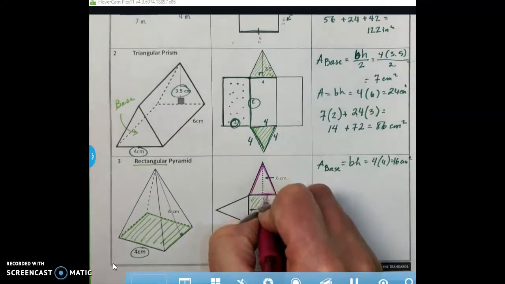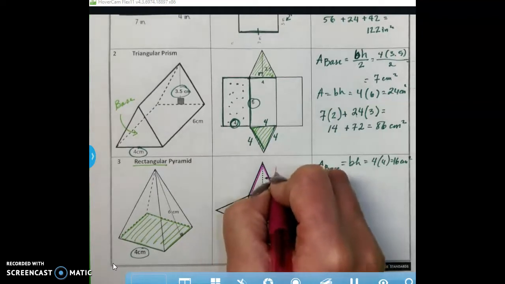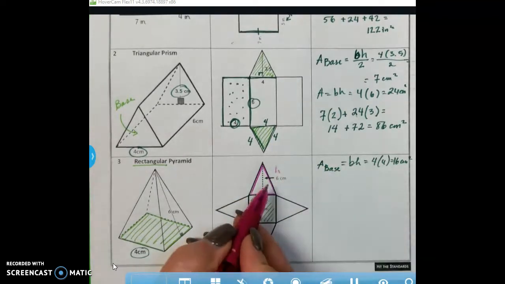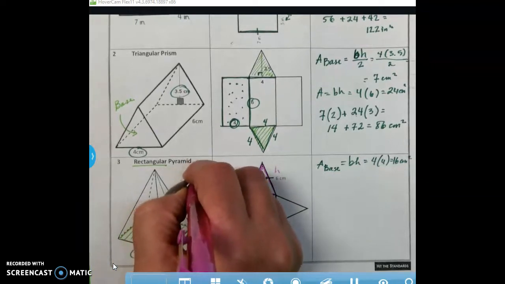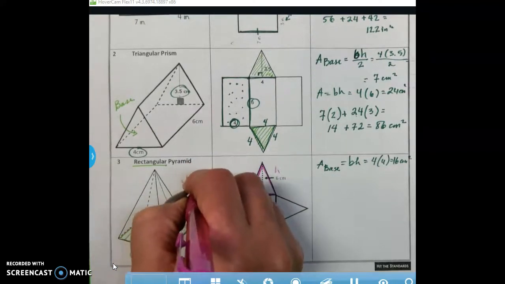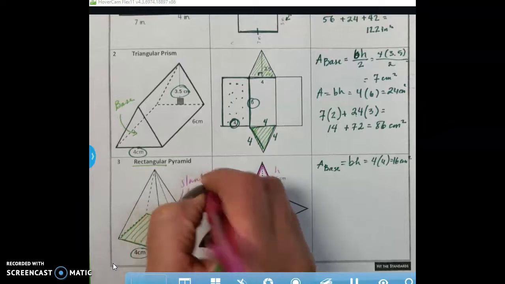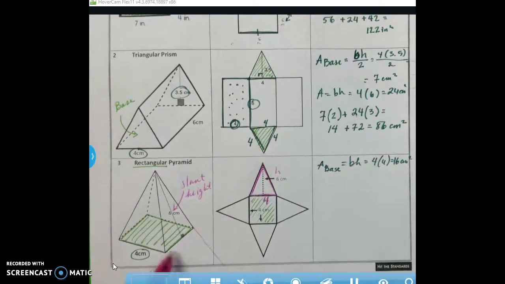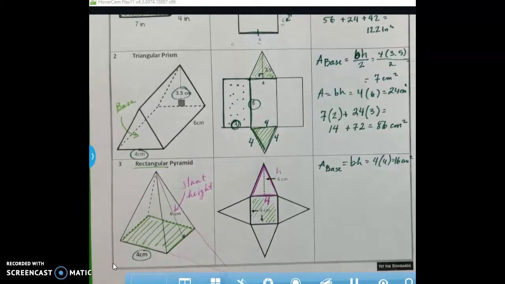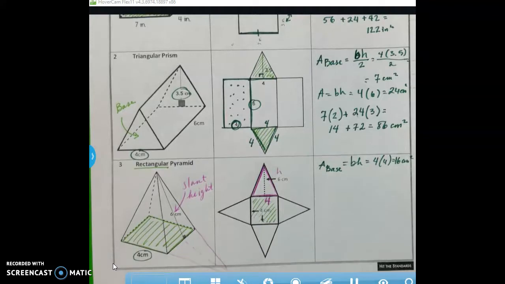So we just want to make sure the base is 4, the height is 6. Just as a reminder, this is the height. It's called slant height. It's slanted. So when you unfold the shape, that was your height right here, 6 centimeters.